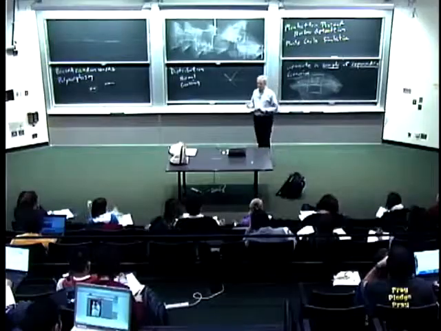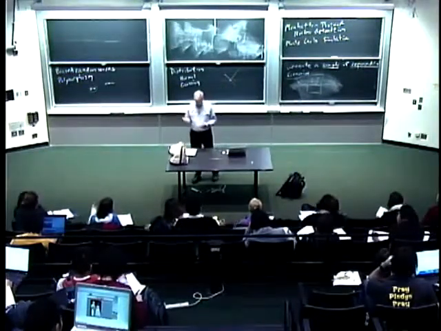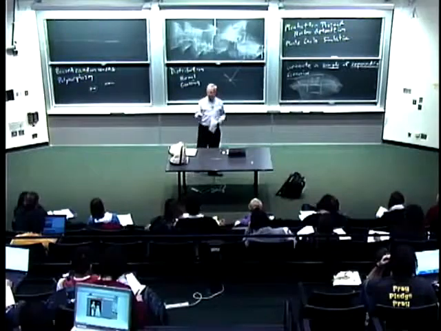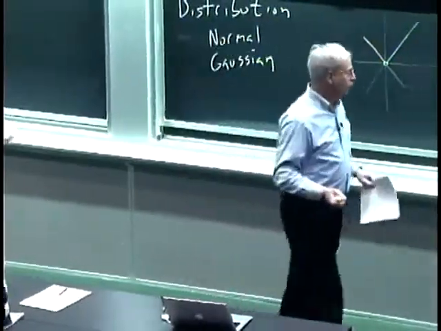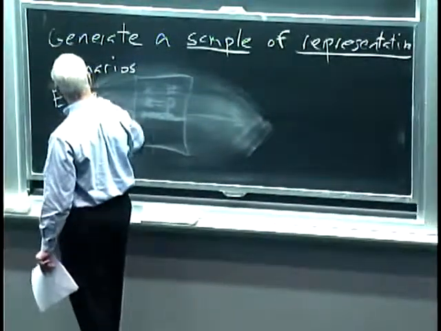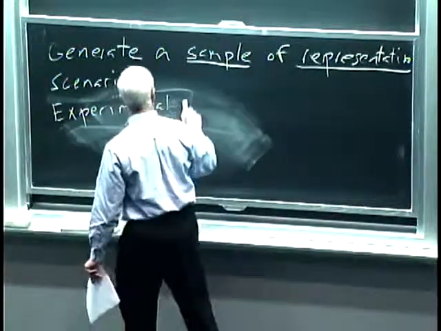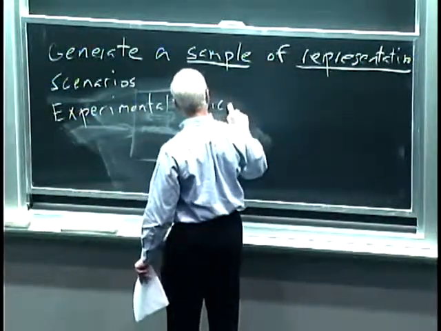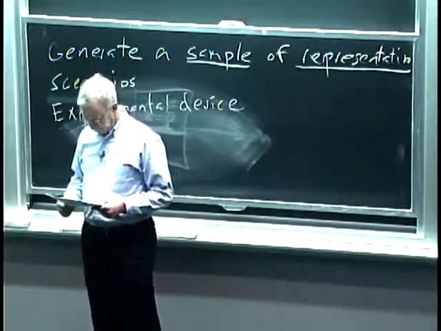So simulation attempts to build an experimental device that will act like the real system in important aspects. So I always think of a simulation as an experimental device. And every time I run it, I'm running an experiment designed to give me some information about the real world.